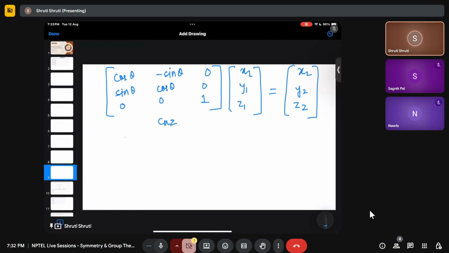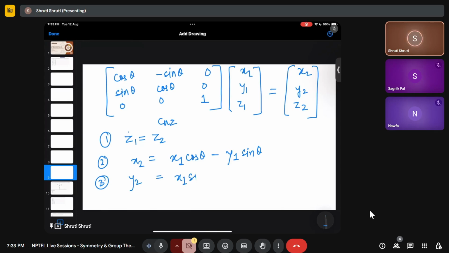So what will happen? Z1 and Z2 will be the same. Second, x2 will become x1 cos theta minus y1 sin theta, and y2 will become x1 sin theta plus y1 cos theta. Now you see the new coordinate x is now a mixture of older x and older y coordinates. So this is what you call mixing of coordinates.